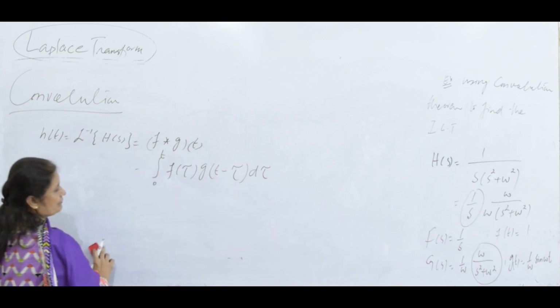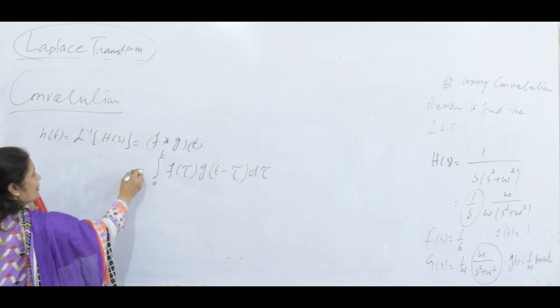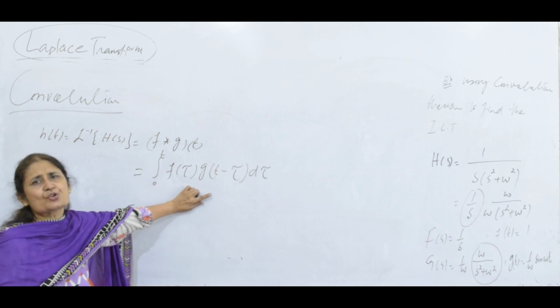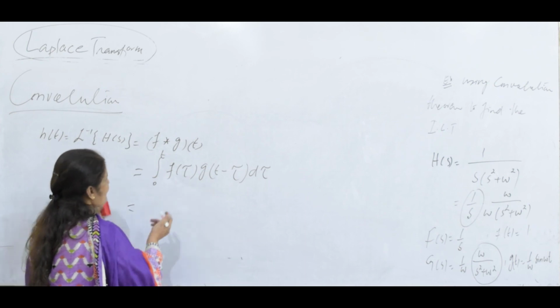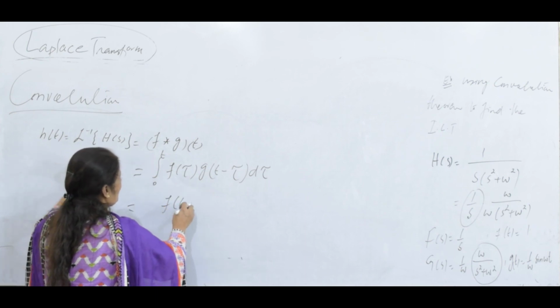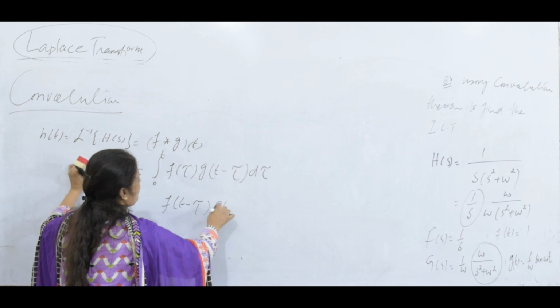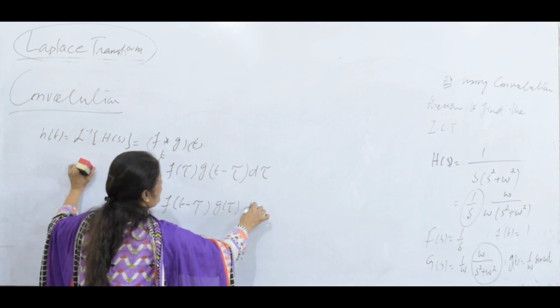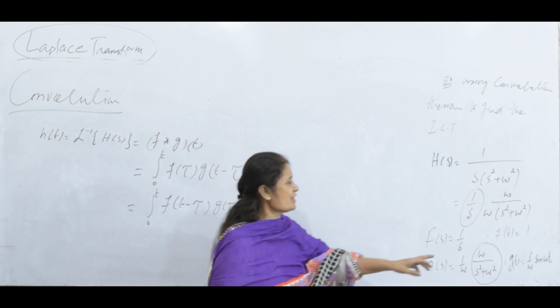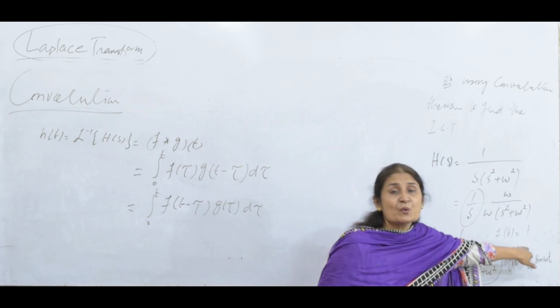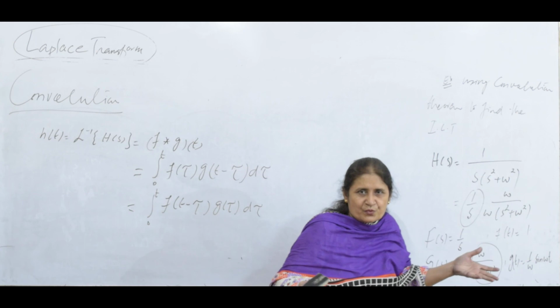So it is good since convolution is commutative. The best idea is writing f of t minus tau, g of tau d tau. It is good because your function is constant, and if you are replacing t minus tau, it is 1.